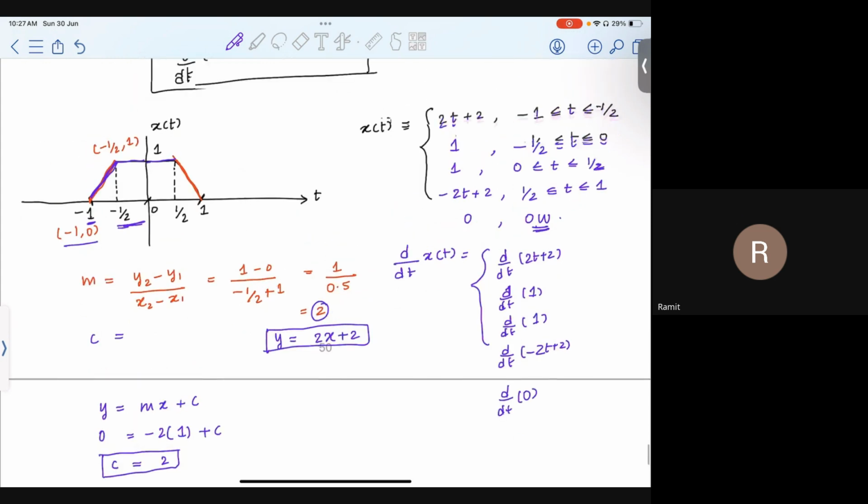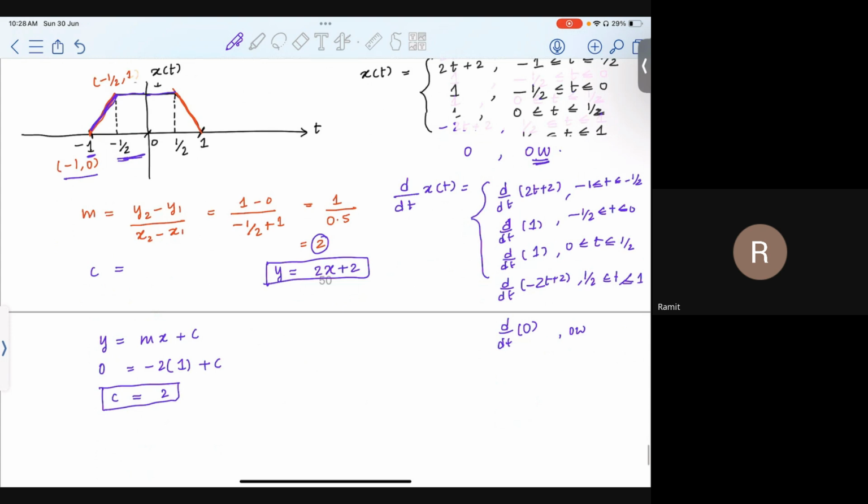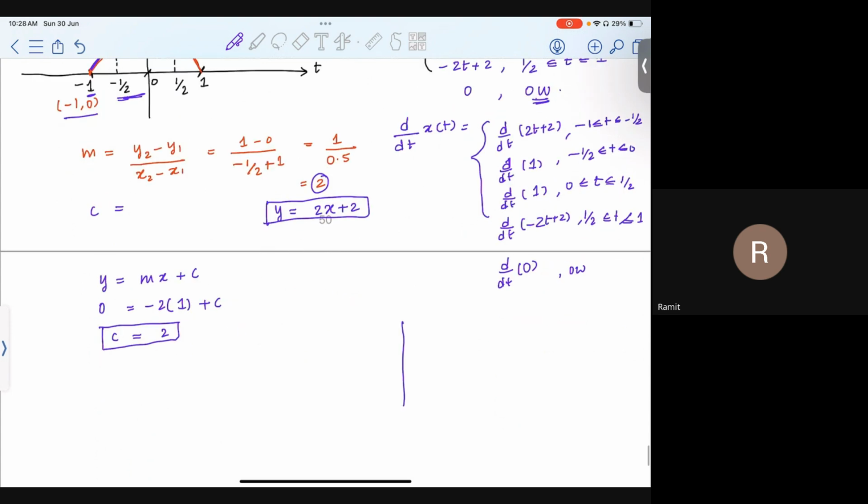The ranges remain the same: minus 1 to minus half, minus half to 0, 0 to half, half to 1, and otherwise.